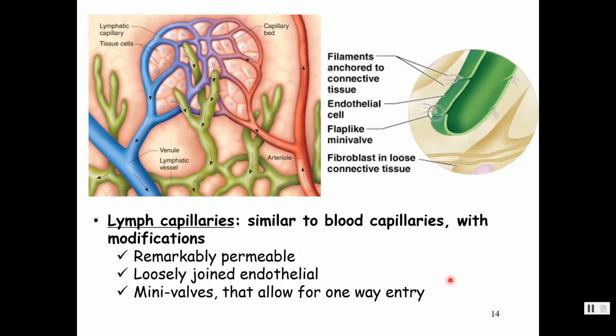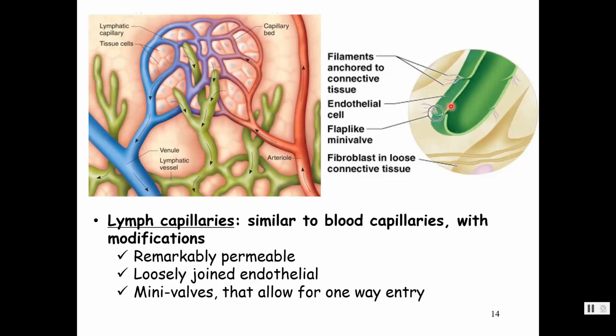So lymphatic capillaries are very similar to blood capillaries. They are just one cell thick, so they only have a tunica intima. The differences between them, though, they are incredibly permeable. So more permeable than sinusoidals. They have their cells that are kind of going to overlap each other, kind of like roofing shingles overlap one another.